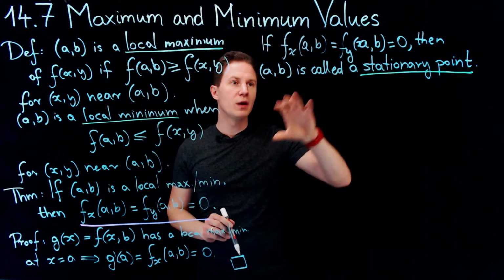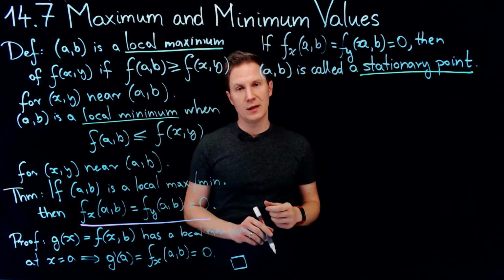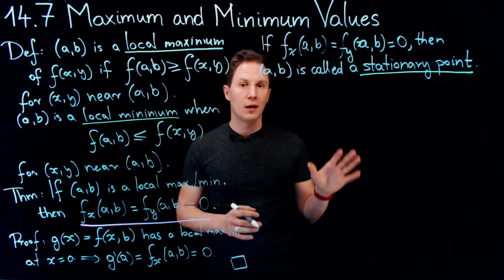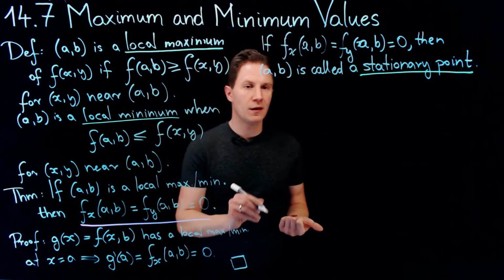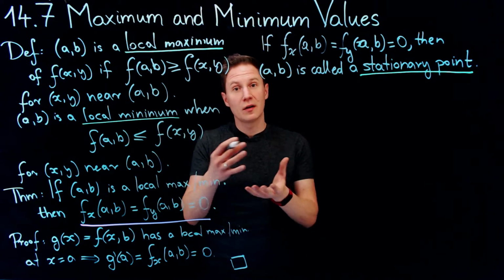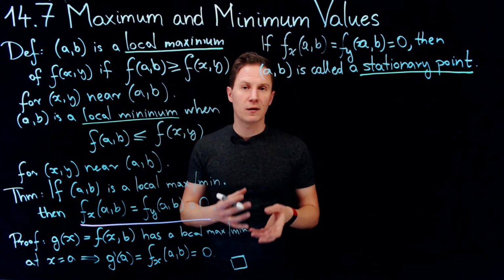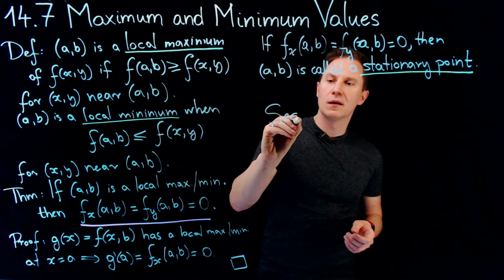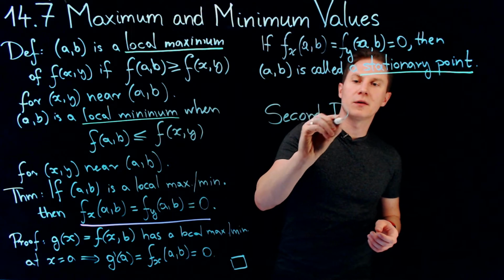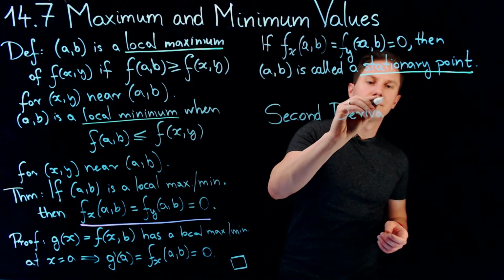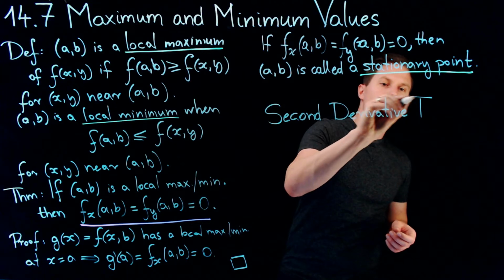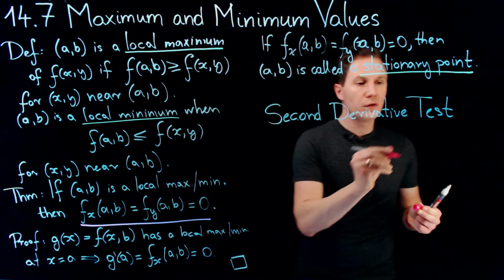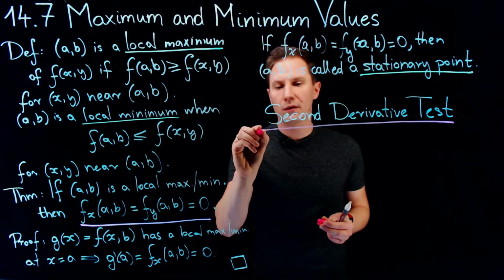And indeed, the way we decide whether we have a local minimum or a local maximum, or perhaps neither of those, is using what's called the second derivative test. So this is the generalization of the second derivative test from single variable calculus. So let me say what this test is. The second derivative test can be applied once you have a stationary point, (a, b).